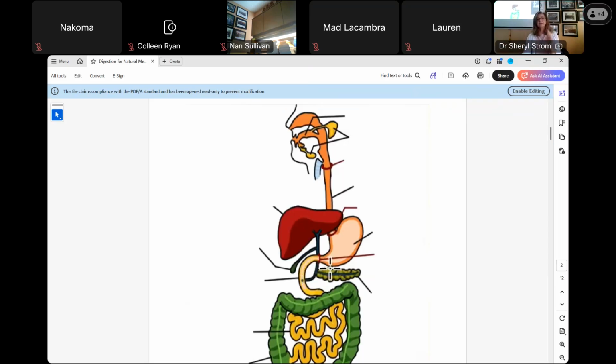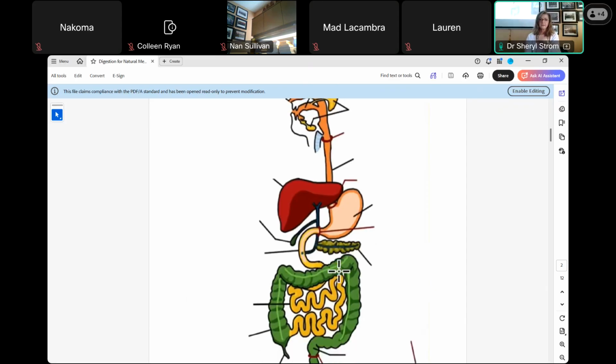So again, the intention is so that you understand these organs are in these areas, but you have to be able to identify them. Anybody have questions on that? Does that make sense to everybody? Okay.